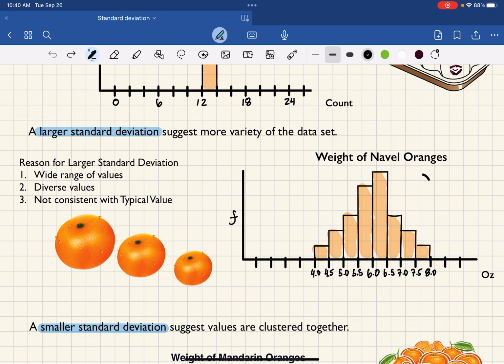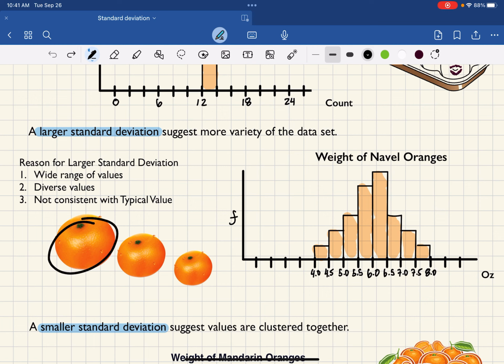So in this case, you can see over here with the navel oranges that the distribution goes from 4 to 8. It's 4 ounces. So you can see that it's a gradual change from the typical value, and then it just goes down. But it's a variety of sizes that gives you the standard deviation to be larger. And here it says the reasons for large standard deviations: a wide range of values.